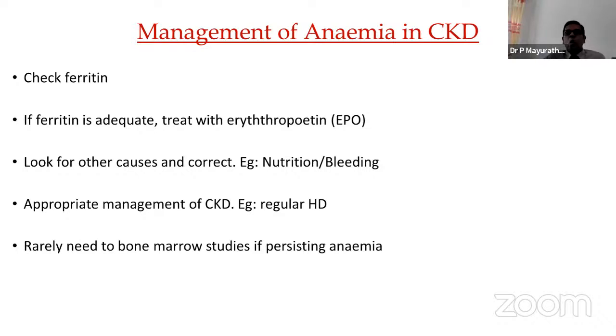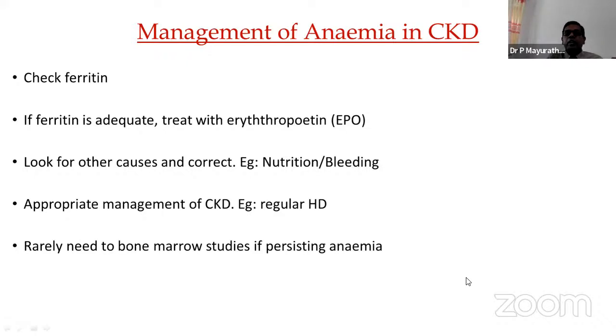Our target hemoglobin in CKD patients is around 11. For that we have to work and adjust the doses of iron or erythropoietin and look for other causes of anemia. Everything is important. Then only we can achieve our target hemoglobin. You all know that, otherwise it's going to be very, very difficult.